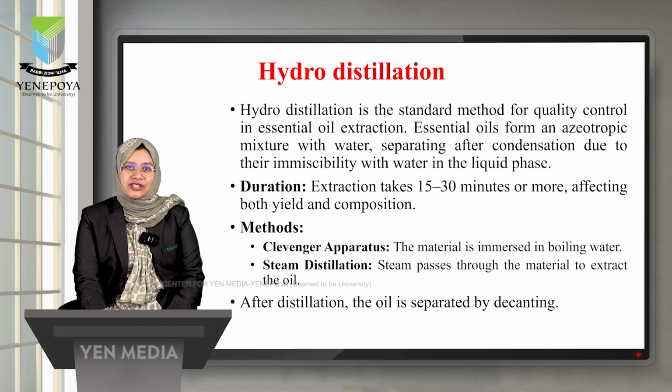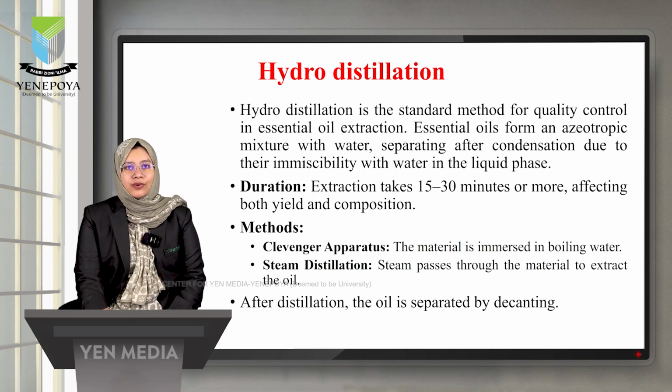So hydrodistillation is the standard method for quality control in essential oil extraction. Essential oil forms an azeotropic mixture with water that separates after condensation due to its immiscibility with water in the liquid phase.